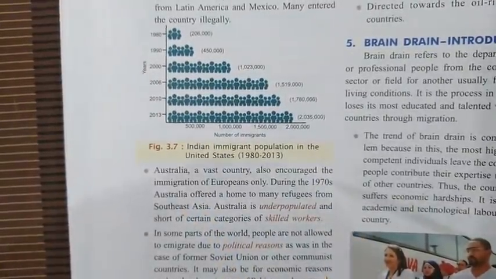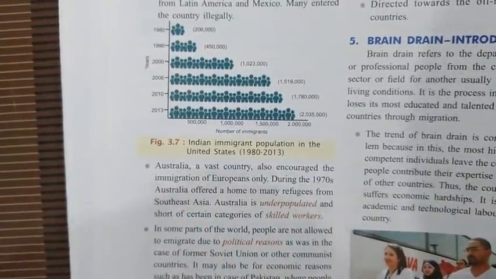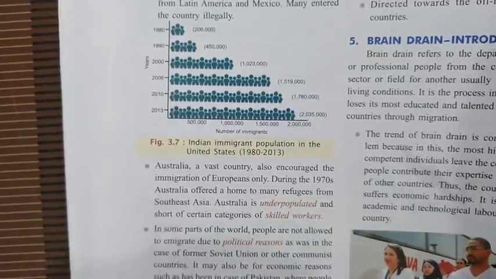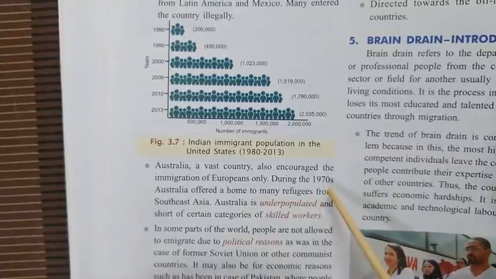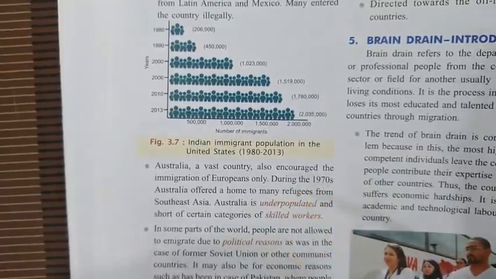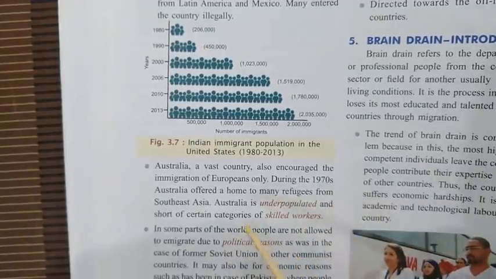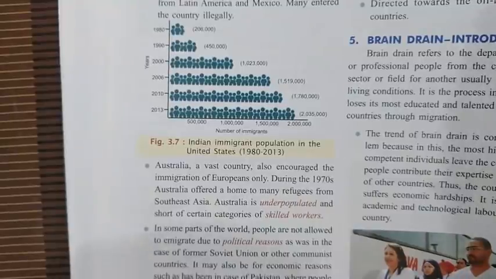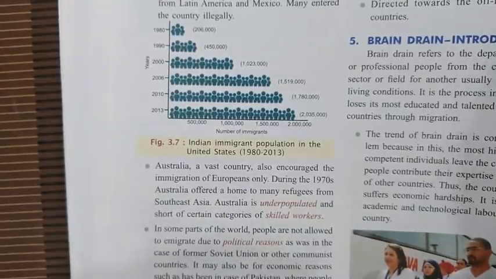Australia is a big continent, and it is an underpopulated country, and this is why till 1970 Australia was providing shelter, even homes, for people from Southeast Asia, countries like Vietnam, Thailand, Myanmar, even India and Bangladesh.